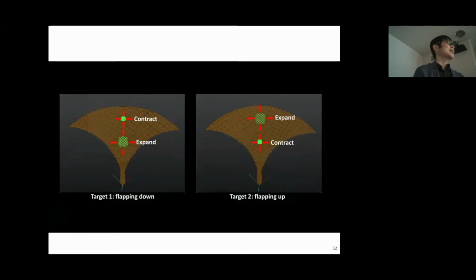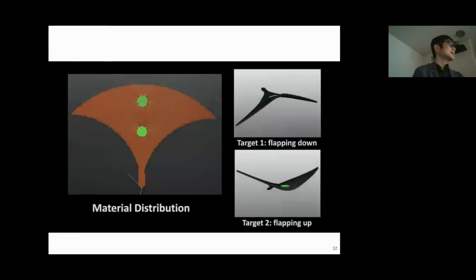For example, here, we want to design a soft ray. We want to encode its flapping wing motion within its material by programming the voxels of its material. And this motion should be controlled by only 2 degrees of freedom, like the contraction and expansion of two points along this spine direction.